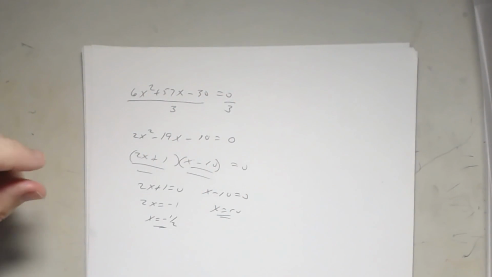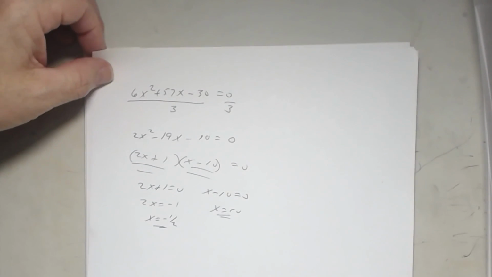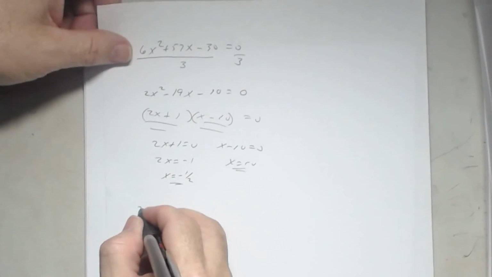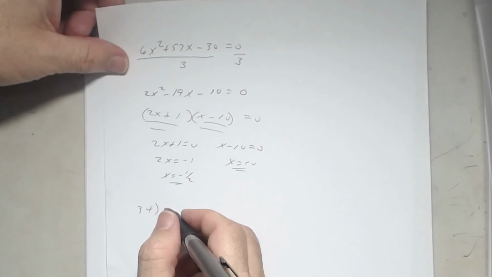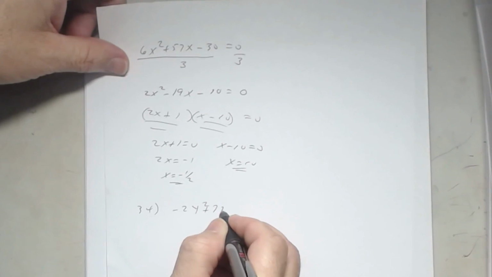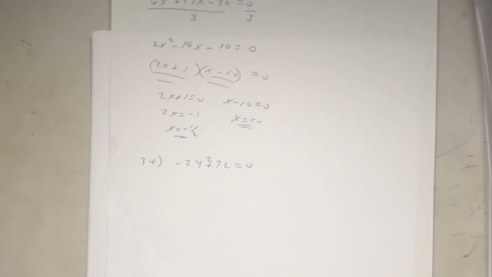All right, so let's look at 34. Don't make 34 difficult. Think about what we just talked about. You control what goes on that paper. It's negative 2y squared plus 72 equals 0.